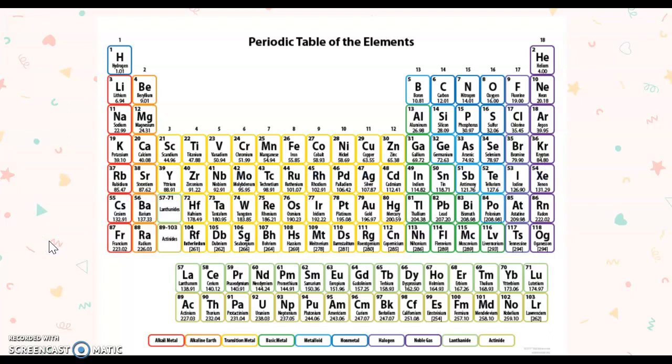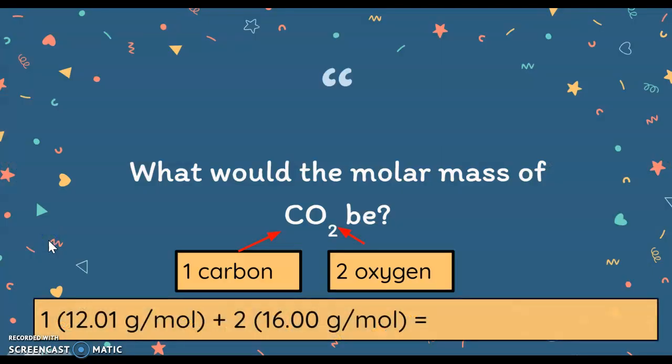If you look at the periodic table, carbon has a molar mass of 12.01 grams per mole, and oxygen has a molar mass of 16.00 grams per mole. Using those numbers, you'll just add 1 carbon, so 1 times 12.01 grams per mole, and then add the molar masses of 2 oxygens, giving you 44.01 grams per mole in a mole of carbon dioxide.